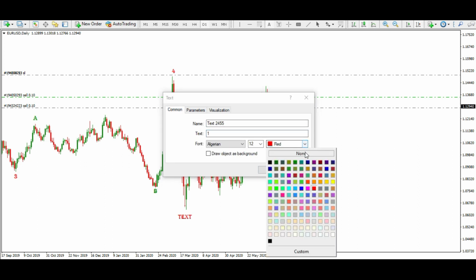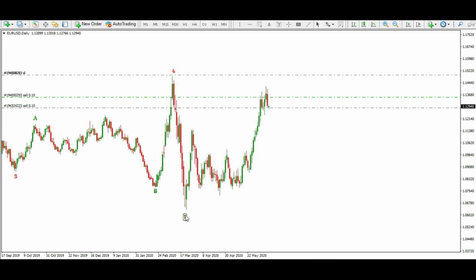Impulse wave 1 green is over and wave 2 green is turning out to be a complex correction.